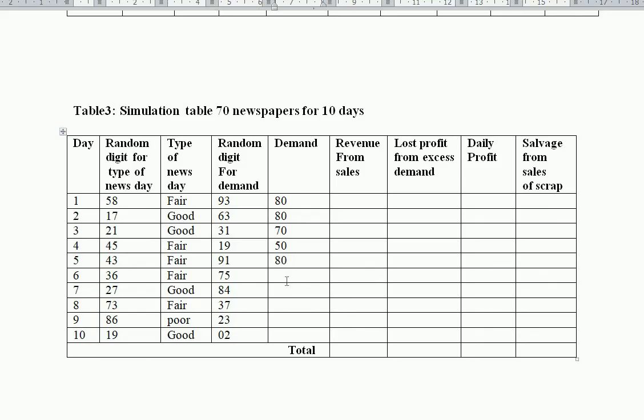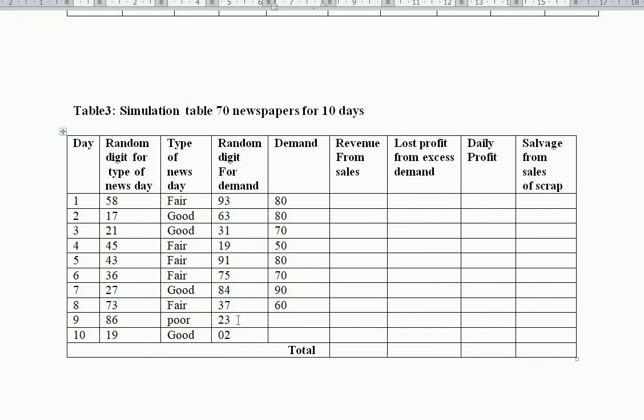The next value gives 70 demand. The next value is 84 in a good table, and on that row we have a demand of 90. The next one gives 60.